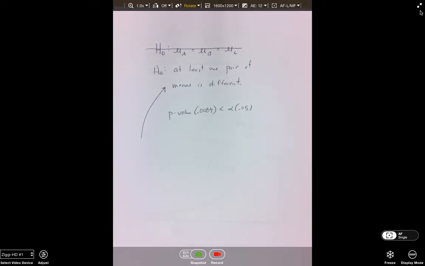It appears there's at least one pair of means that differ. We don't know whether there's one or two. We don't know which pair of means are actually different statistically, but we are led to believe that from the F statistic.